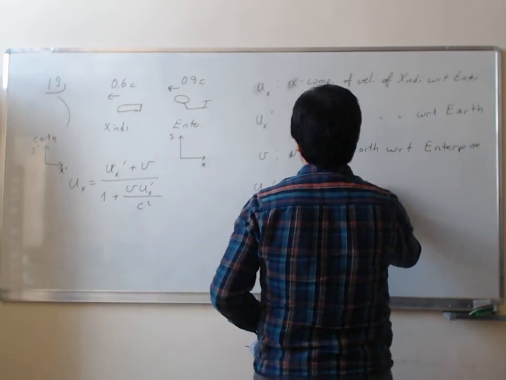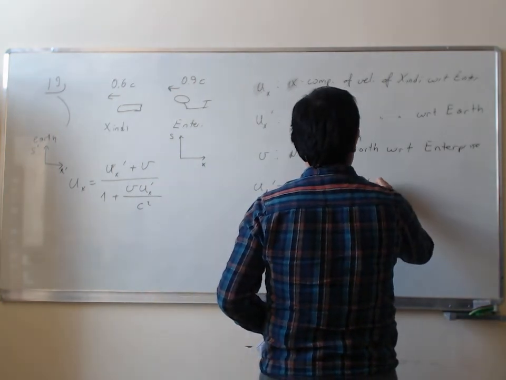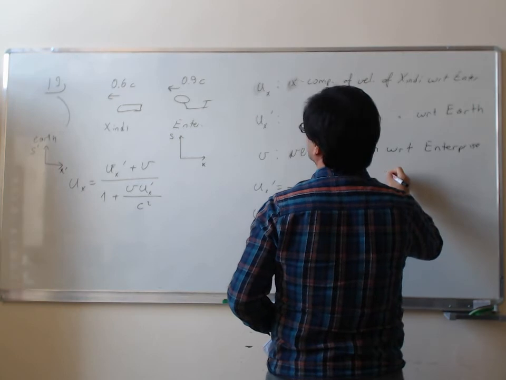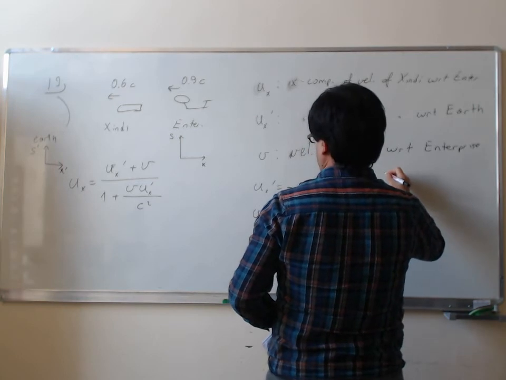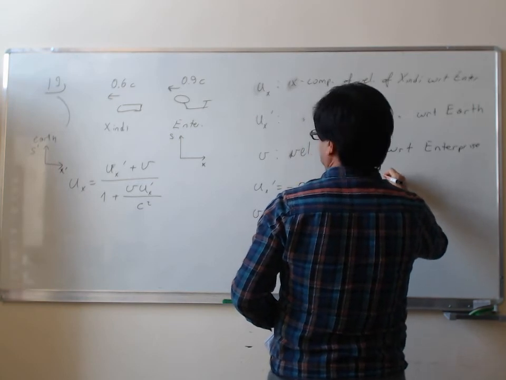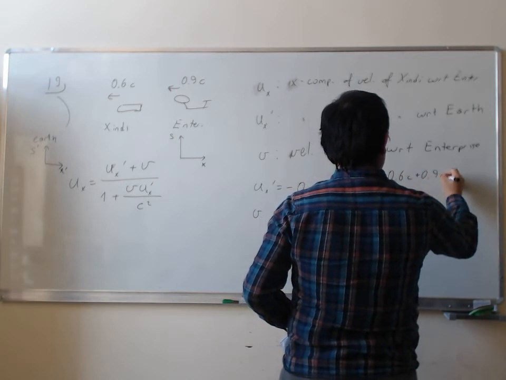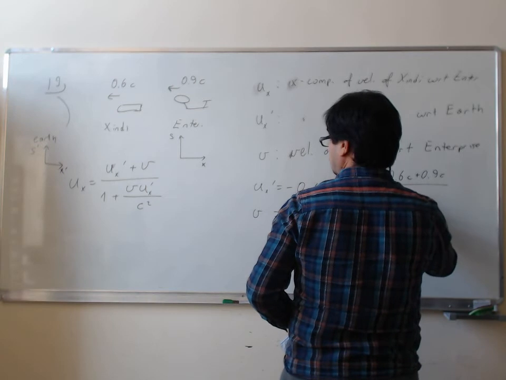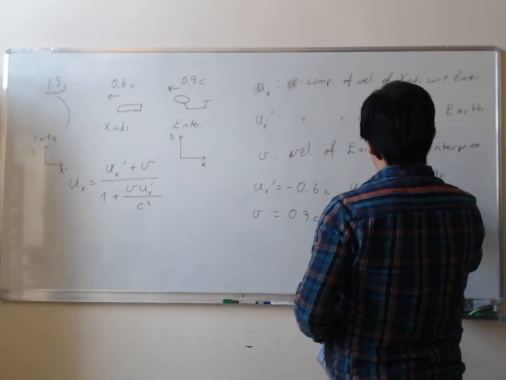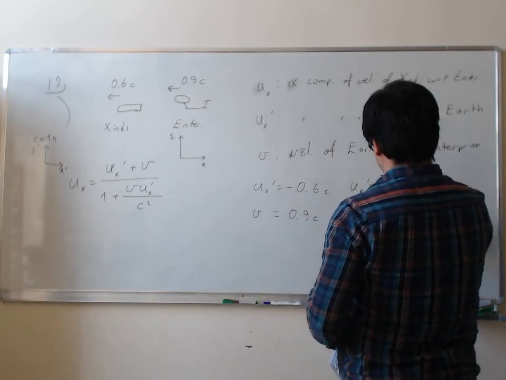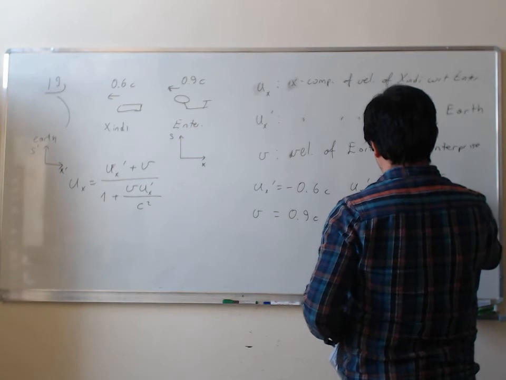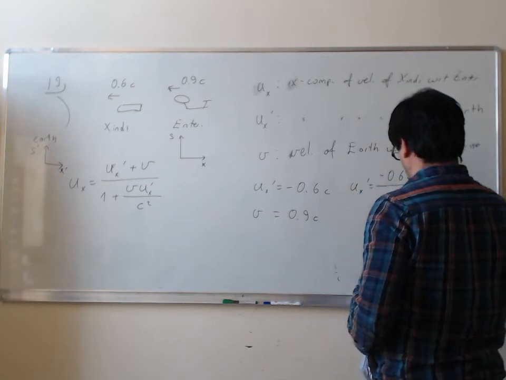And the answer we are seeking, ux, is going to be minus 0.6 c plus 0.9 c divided by 1 plus minus 0.6 times 0.9, c square by c square.